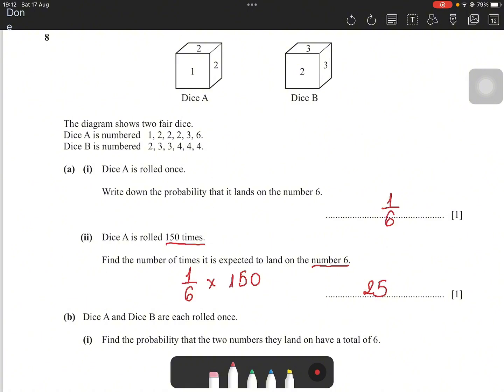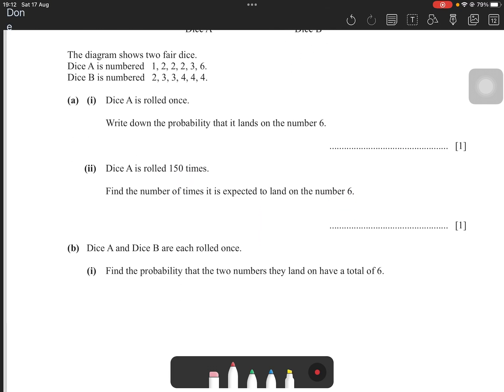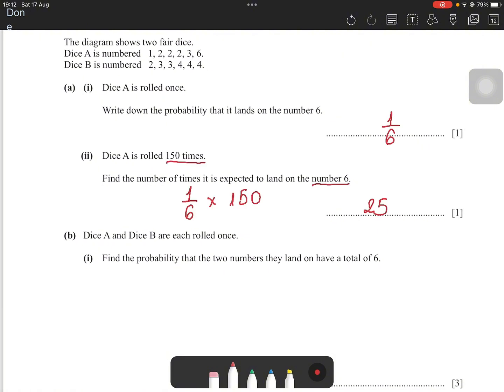B. Dice A and dice B are each rolled once. Find the probability that the two numbers they land on have a total of 6. To get a total of 6, we may need 2 plus 4 or 3 plus 3.